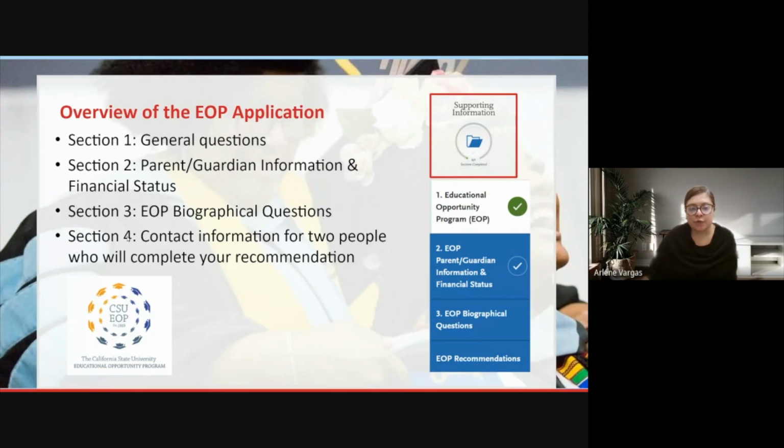Section 4 is the contact information for the 2 people who will complete your recommendation. Again, you're not asking these individuals to write you a letter of recommendation. They are going to complete a recommendation online for you. This is what it'll look like here, steps 1, 2, 3, and 4.